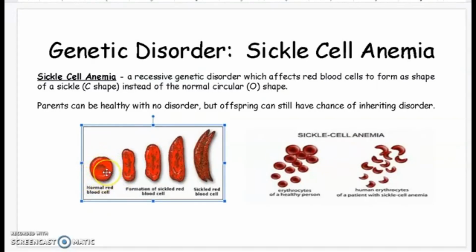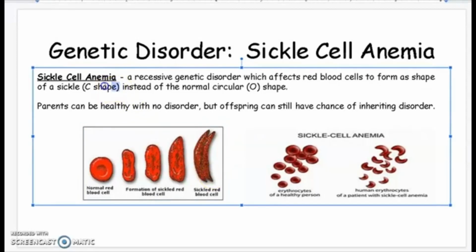But this mutation, this error in the structure, the shape of the red blood cells, causes it to lose its circular shape, and it gets longer, it stretches out, and then finally it becomes this weird looking C shape. And that is why it's called a sickle cell shape. It looks like a C.